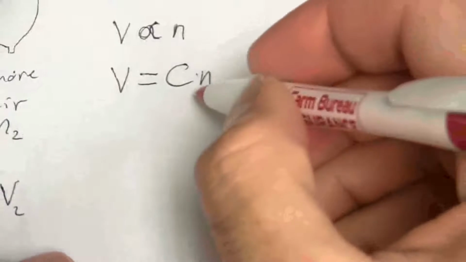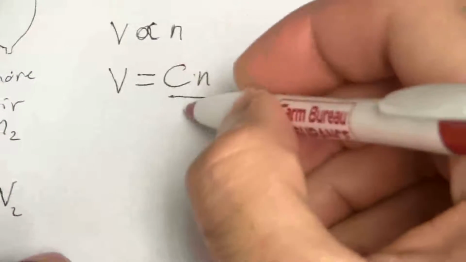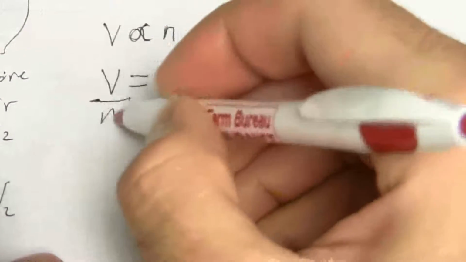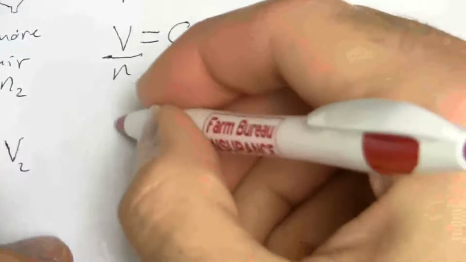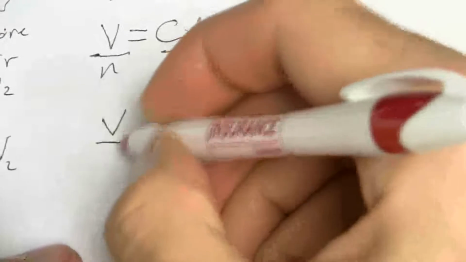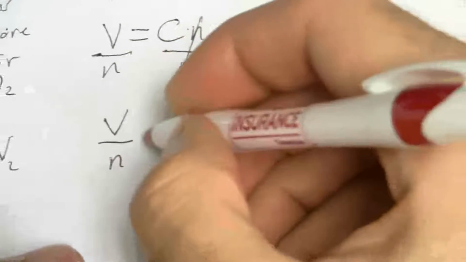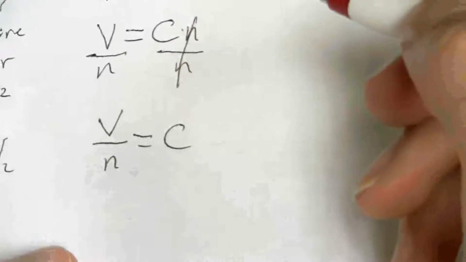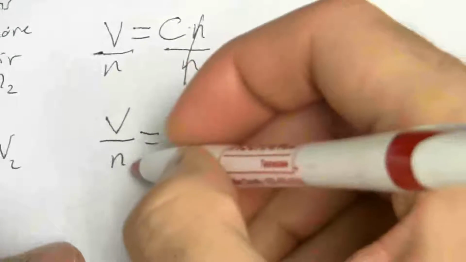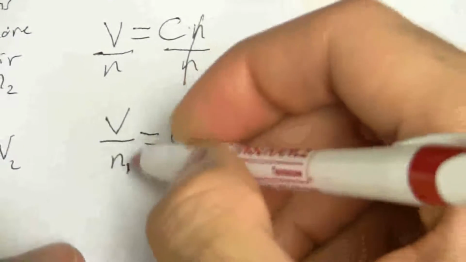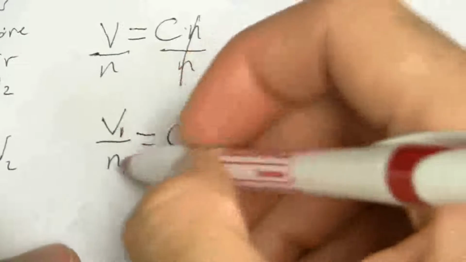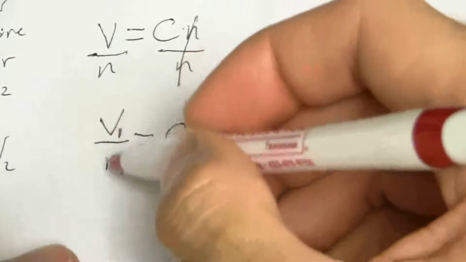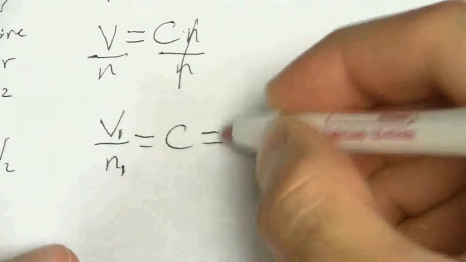Then, just like we did before, we can divide both sides by n to solve for that constant. What we have is the volume divided by the moles is equal to some constant. So however much gas I put in there, the volume will change, so that when I divide the volume by the moles of gas, it's equal to a constant.